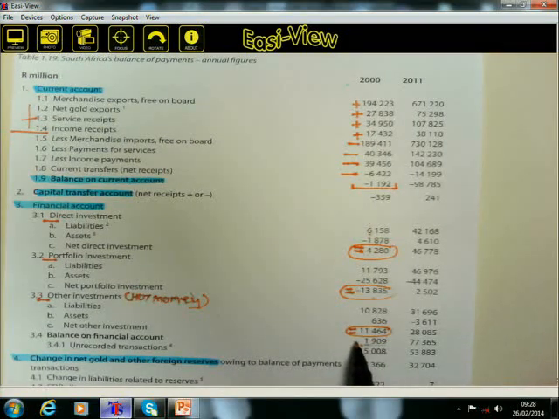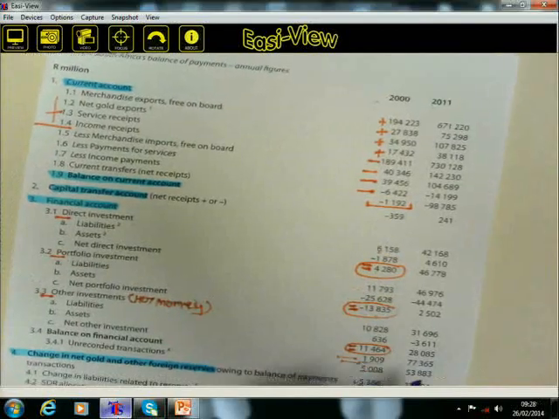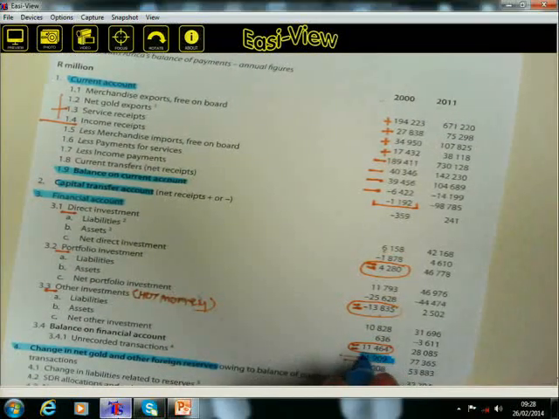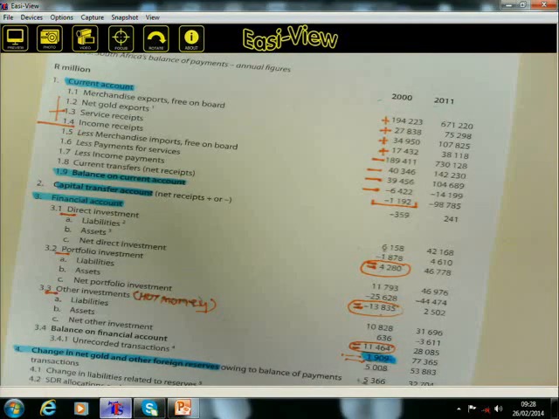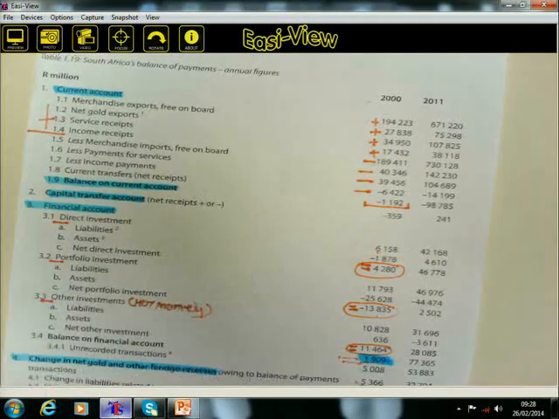It will give us a balance on financial account. So a balance on financial account is 1909, meaning that we're going to add 1, 2, 3 together. It will give us that.